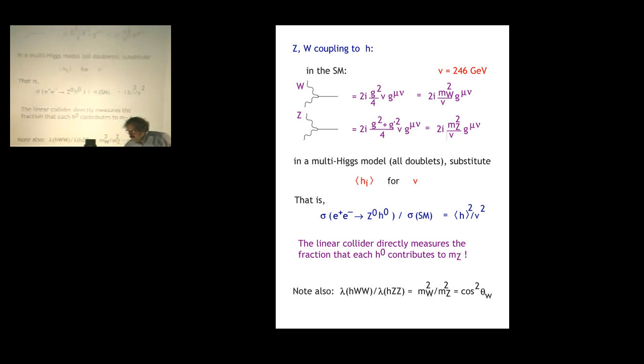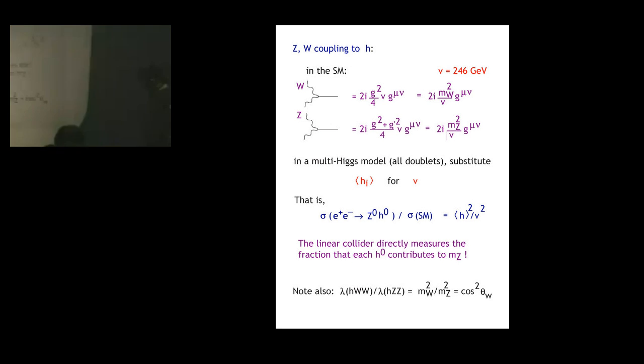And so you get the rather simple result that the cross-section for Z and a particular Higgs divided by the predicted standard model cross-section is the square of the ratio of that Higgs expectation value to the total 246 GeV that gives you the mass of the W. That is, this cross-section tells you what fraction of the Z mass comes from the Higgs that you have discovered. In principle, you should learn that for every Higgs in the theory and verify the sum rule that these particles sum up to the total mass of the Z.